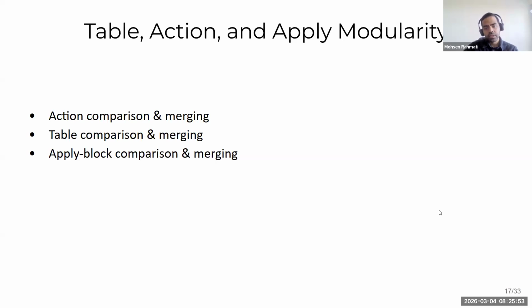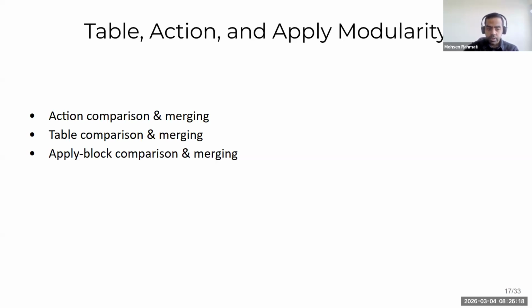And about table, action, and apply modularity. For this part, firstly, we started with the action part. We compare actions one by one, line by line recursively. If we have the same actions, the compiler keeps one of them.